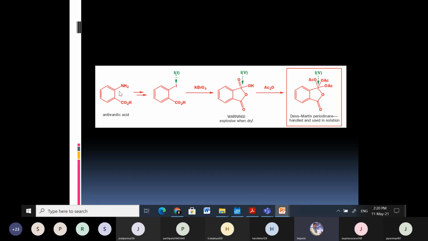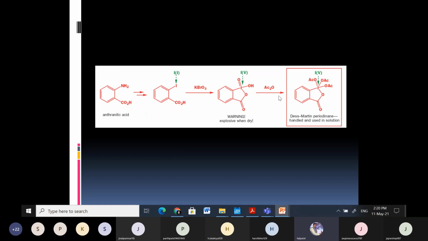This anthranilic acid, by treatment with NaNO2 plus sulfuric acid, gives the diazonium salt, that is, N double bond N HSO4 minus. Once we have the diazonium salt, then by addition of KI, potassium iodide solution, we can introduce I over here. So now we have iodobenzoic acid.